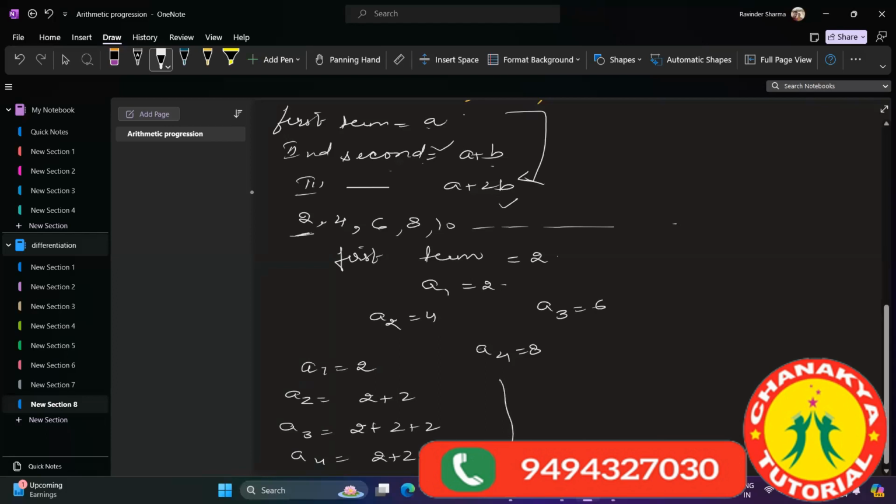In this way, when you add 2 plus 2, you will get 4. When you add 4 plus 2, you will get 6. When you add 2 to 6, you will get 8. When you add 2 to 8, you will get 10. In this way, then you will get 12.